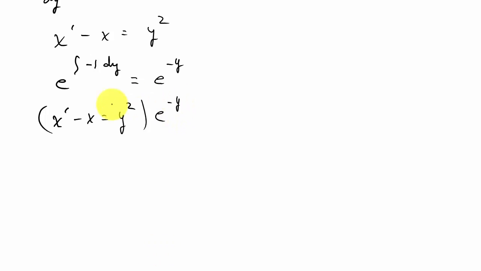So if I distribute this, that's going to give me e to the -y times x prime minus e to the -y times x equals y squared e to the -y.